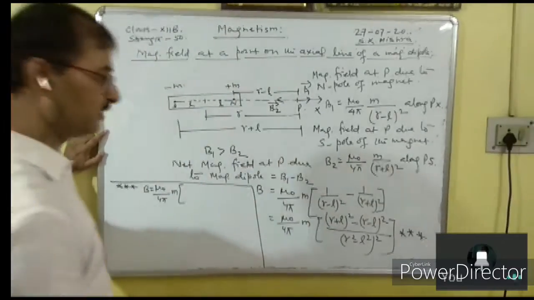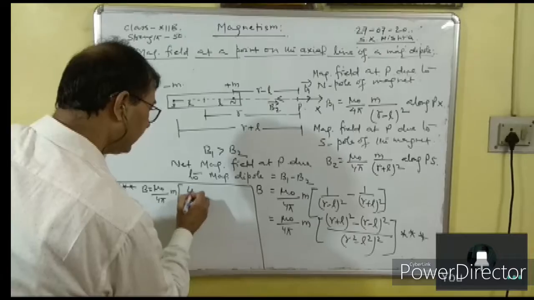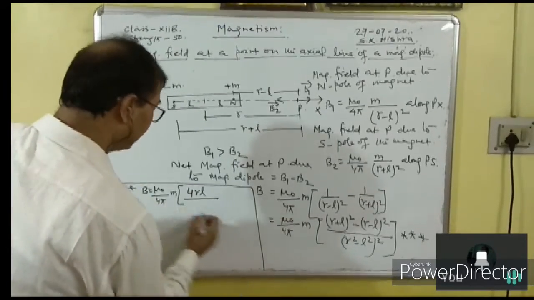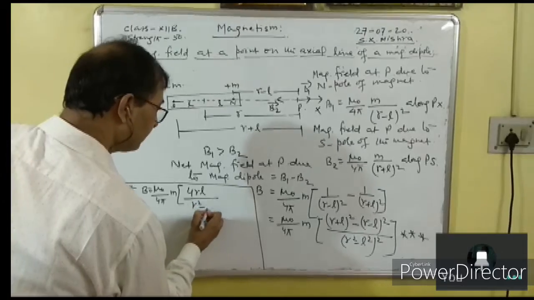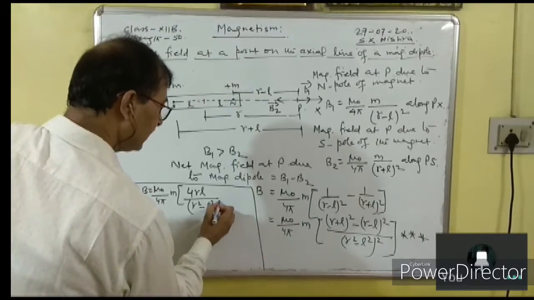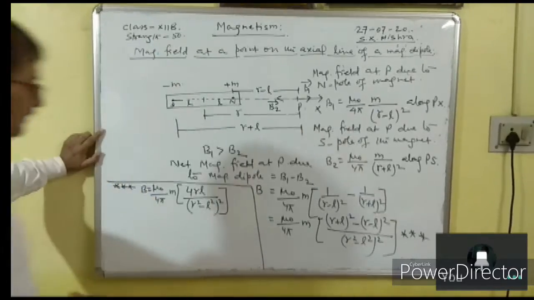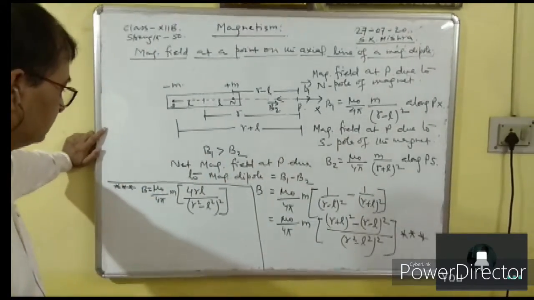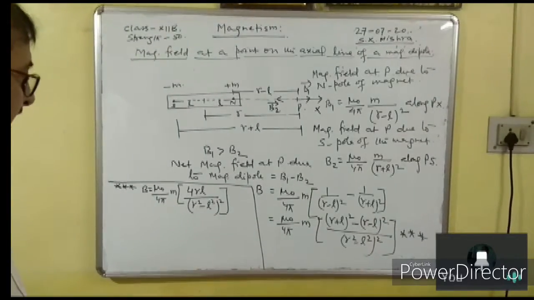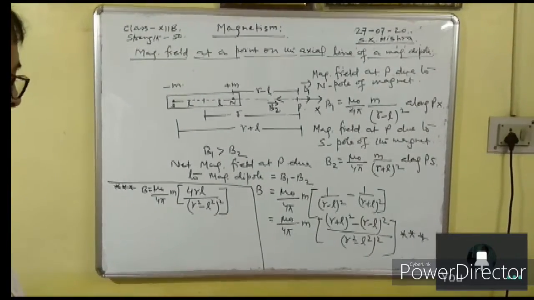Therefore, net magnetic field at P due to magnetic dipole is B1 minus B2, two vectors in opposite direction.